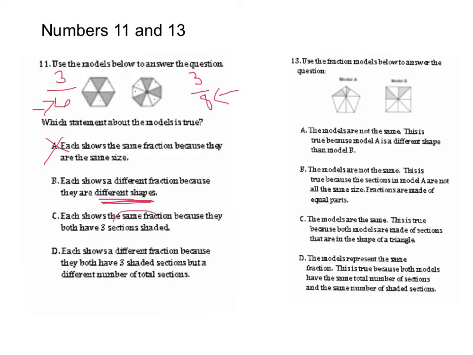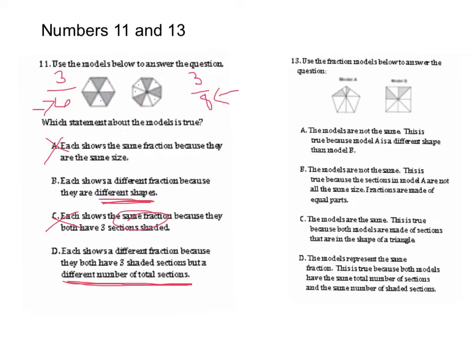We've already said that it's not the same fraction. So this is not right because it's not the same. Now we have D. Each shows different fractions because they both have 3 shaded sections but a different number of total sections. Okay, so here we're looking at different shapes and a different number of total sections. Which one of these is the best answer?